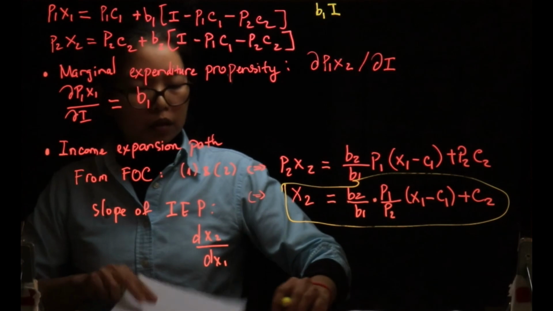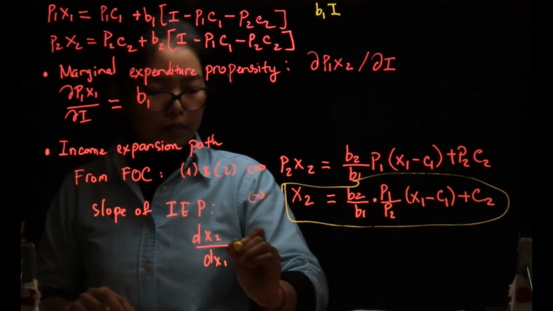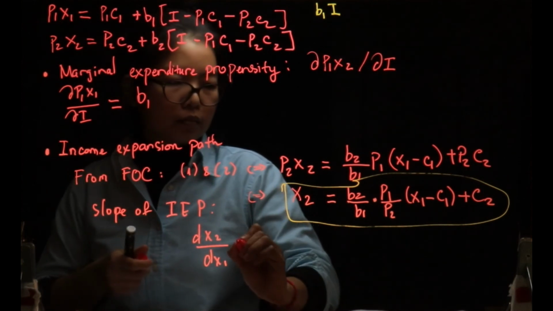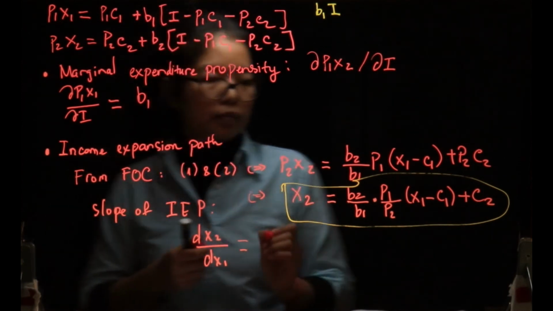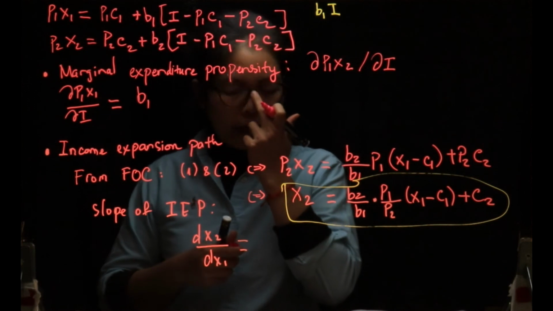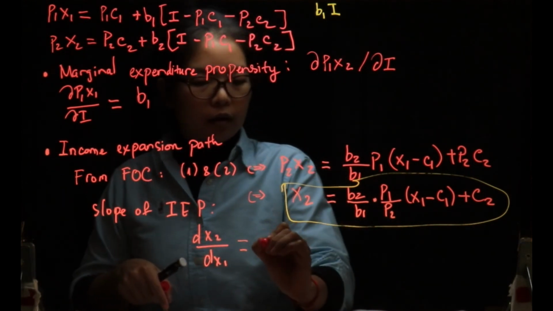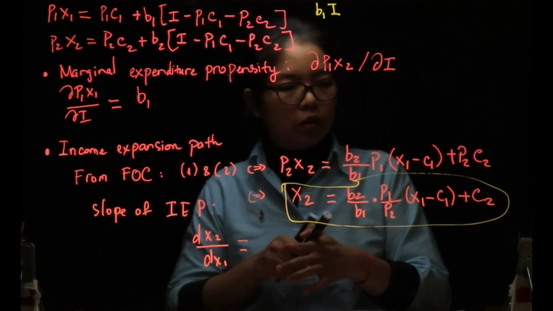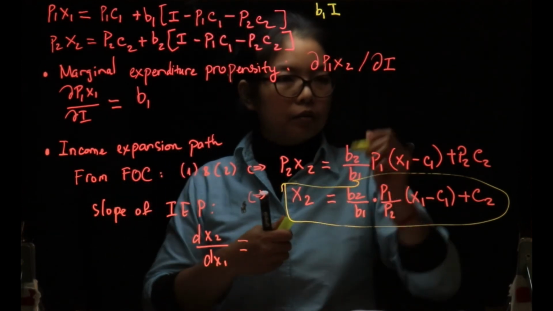So the slope of this line would be, where is it? X1 is over here. So let's write it down.